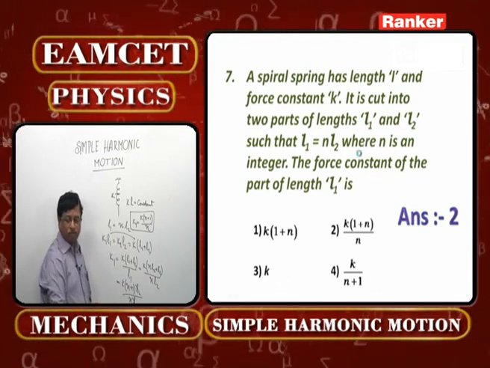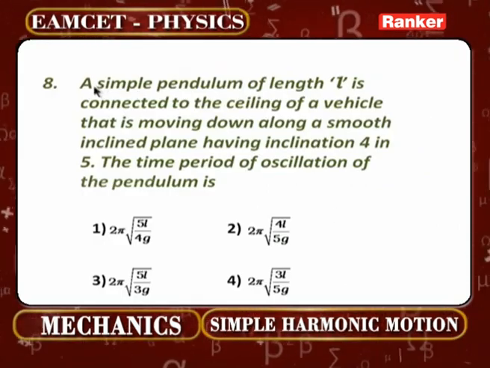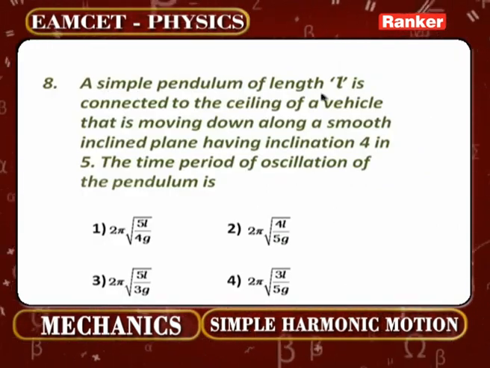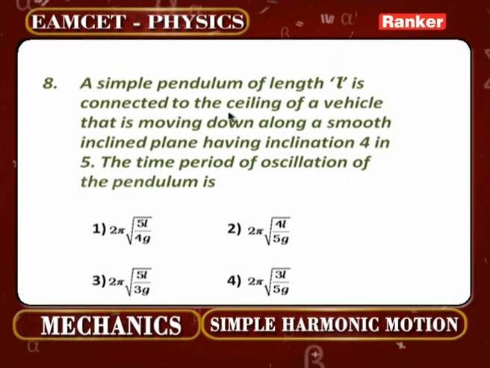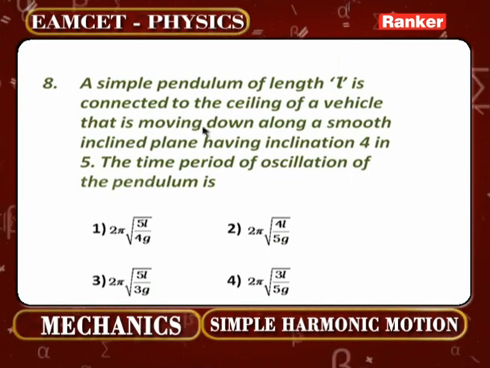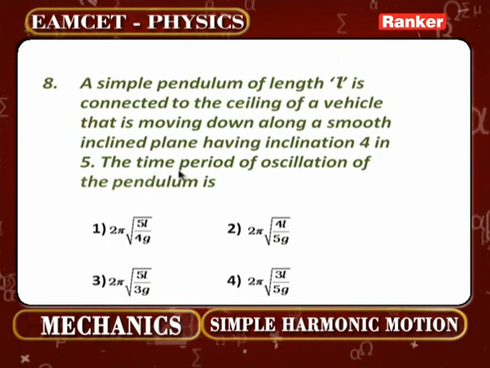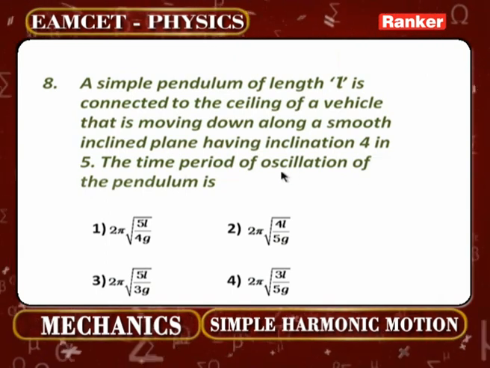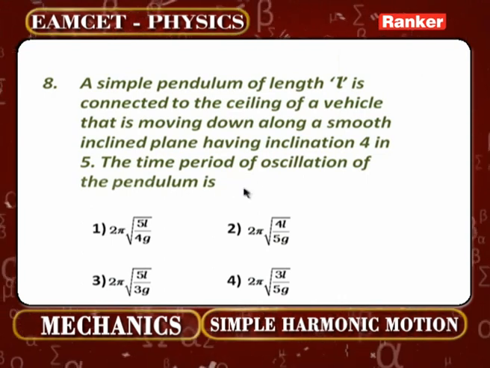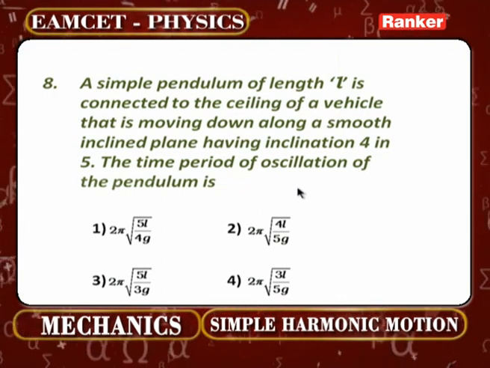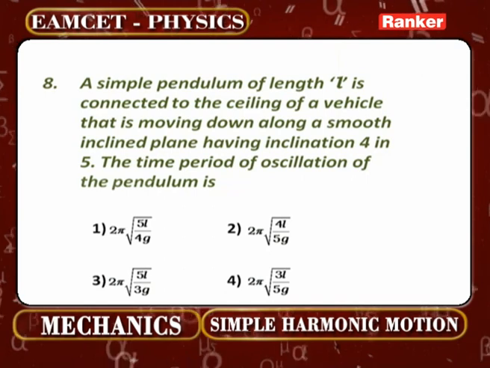Now check the next question, problem number 8. A simple pendulum of length L is connected to the ceiling of a vehicle that is moving down along a smooth inclined plane having inclination 4 in 5. The time period of oscillation of the pendulum is how much? In fact, we know this language. What do you mean by 4 in 5?